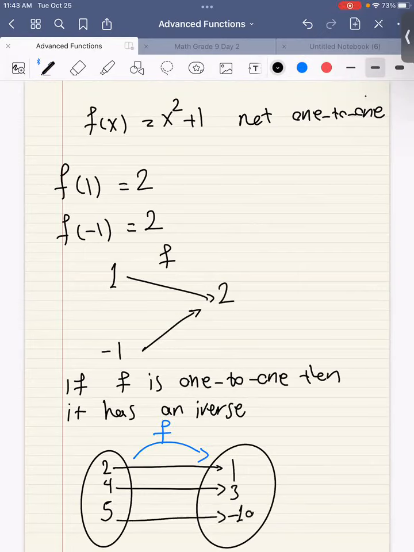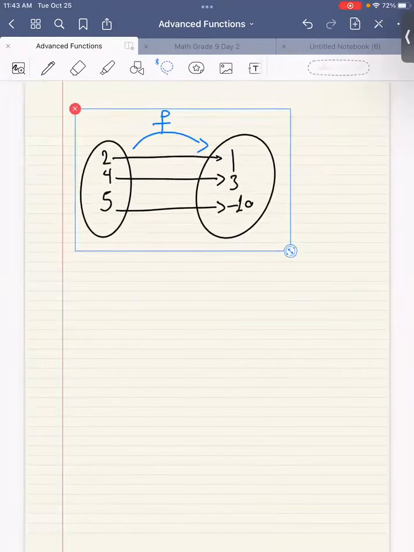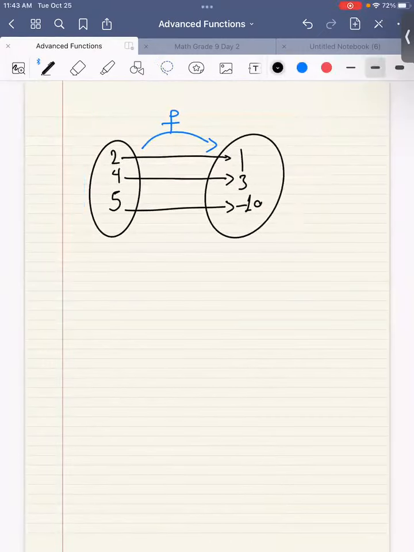The inverse, you just flip this arrow. The inverse just goes in the opposite direction.